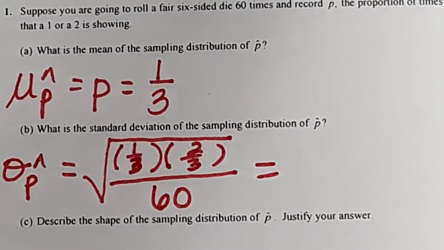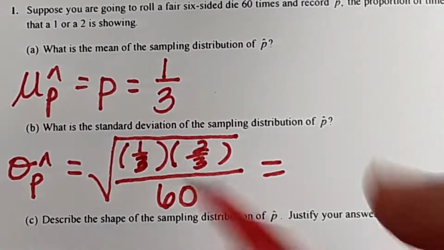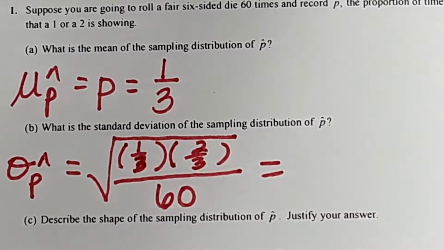There you go. So it's the square root of 1/3 times 2/3 divided by 60. Again, 1/3 is much better, especially because it's a repeating decimal. If you can, you don't want to round until the very end. So you can do 1 divided by 3 times 2 divided by 3 divided by 60.